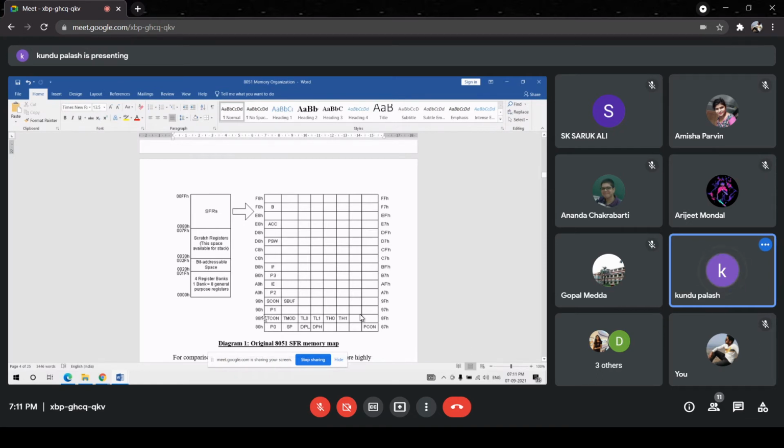What is 88? There is a programmable timer. In fact, 2 timers, T0 and T1. So this timer needs to be programmed. Their absolute addresses, the different registers, fall in this range.